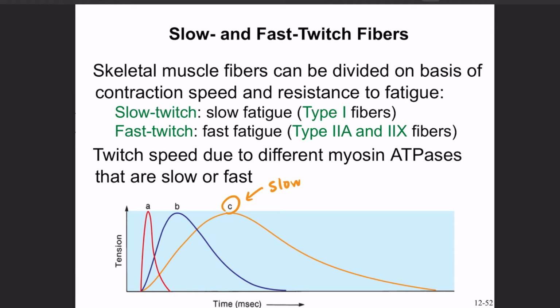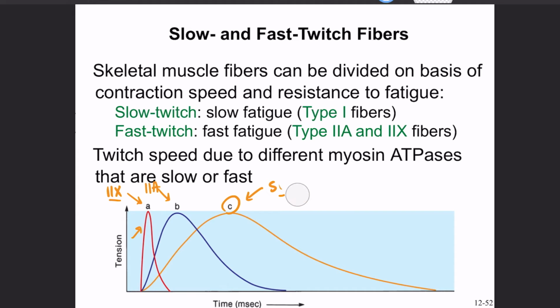These are shown in A and B because we actually have two different types, type 2A and type 2X. Type 2X are the fastest and the fastest to fatigue. They can be shown like this, right? And then type 2A are kind of an intermediate between our 2X and our type 1 fibers.